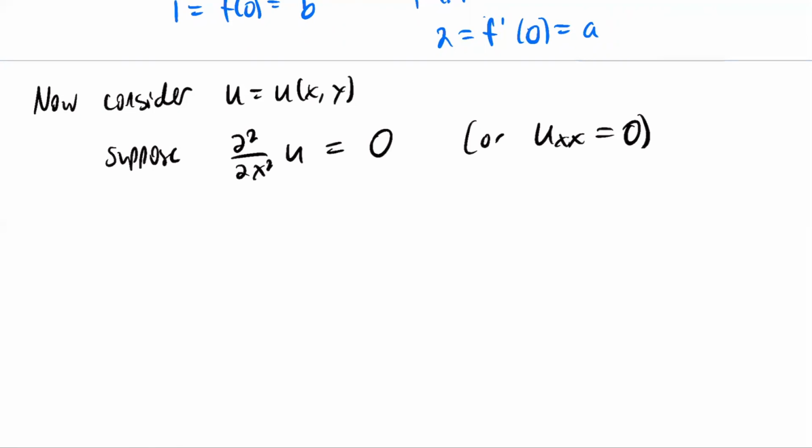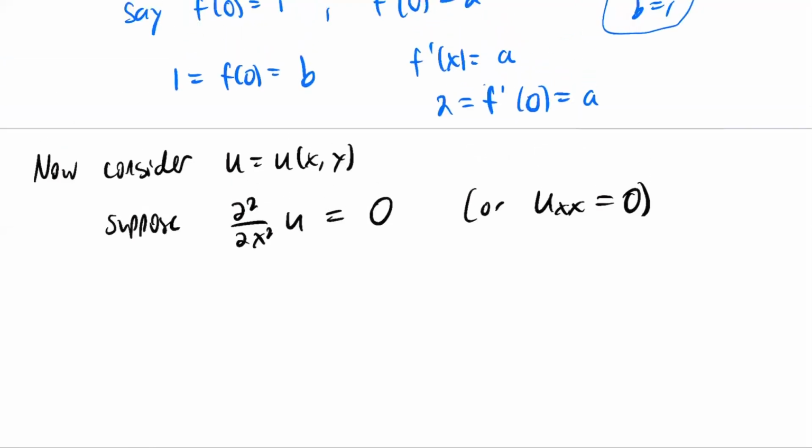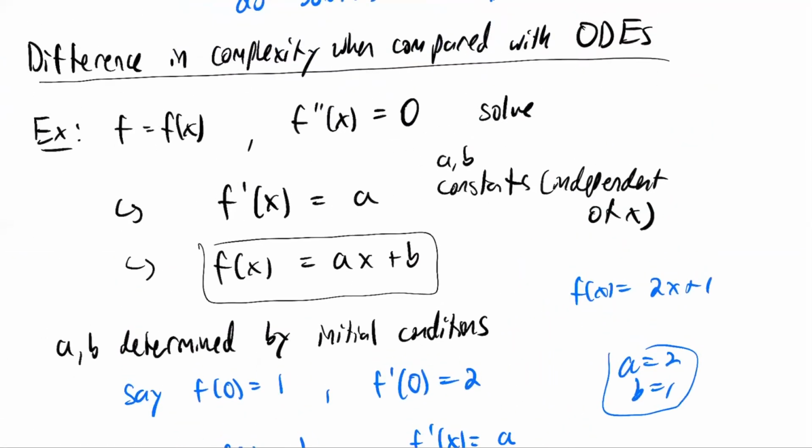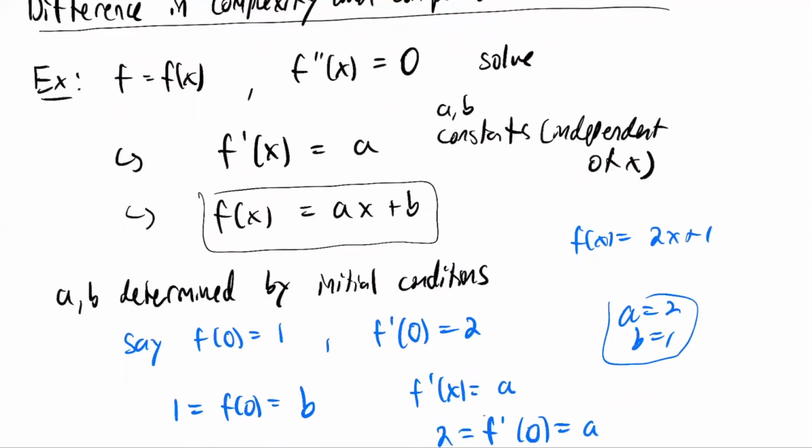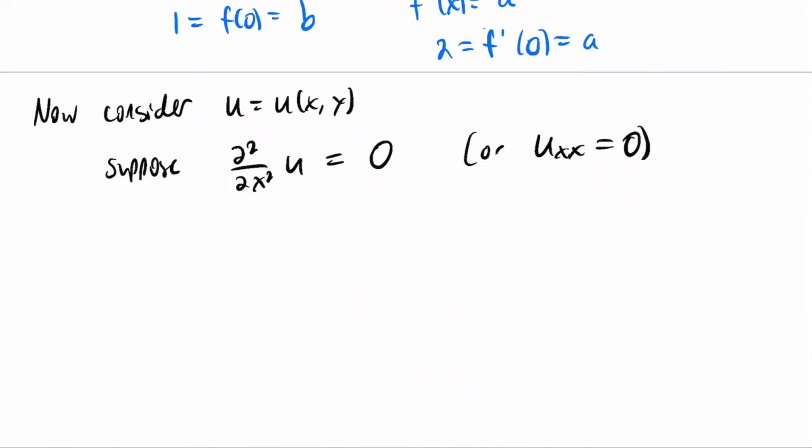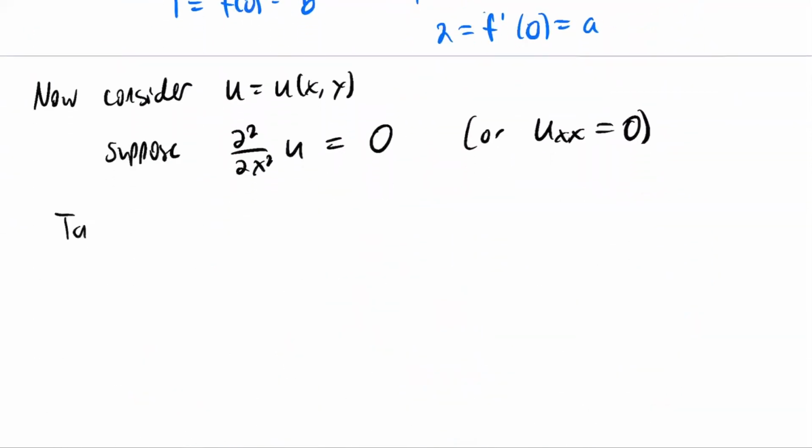Well, let's just try to proceed as we did before. Right, and so what did we do here? Well, we just started taking antiderivatives, right? And so let's begin by taking antiderivative with respect to x. So here you have to be a little bit careful because this is a function of two different variables.